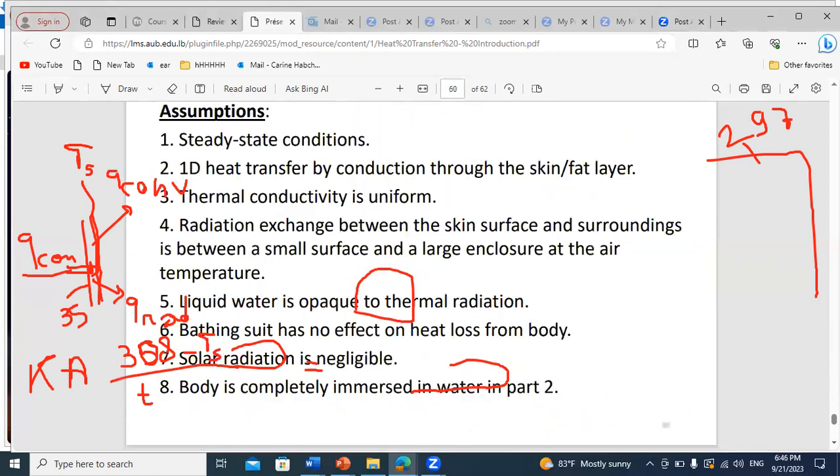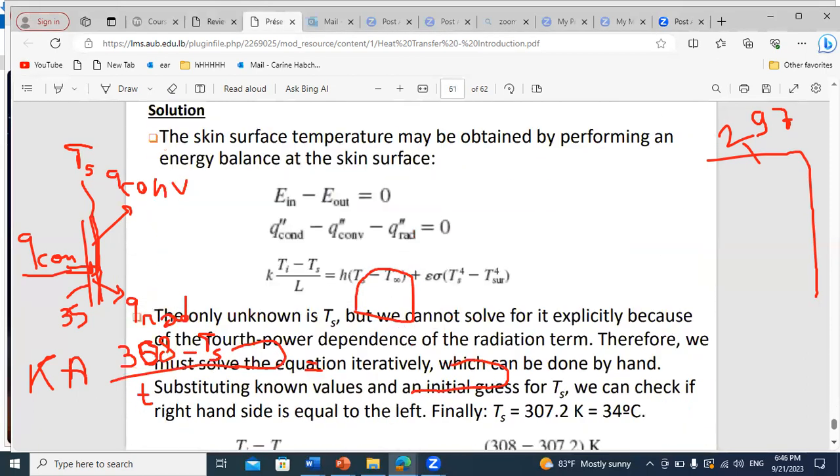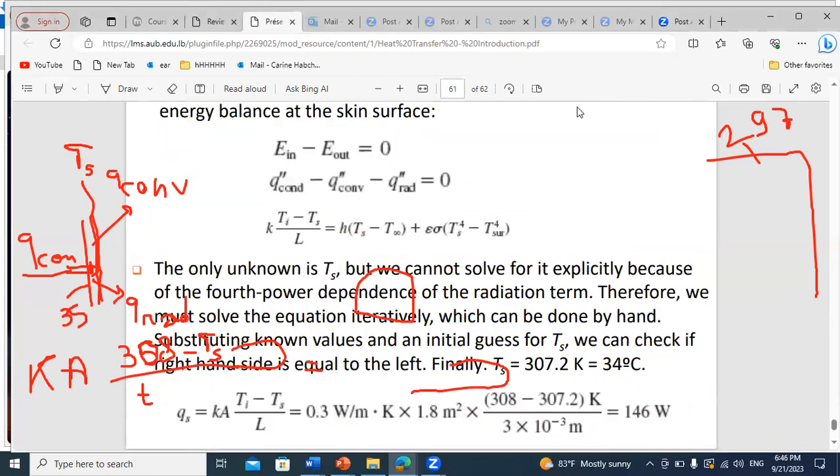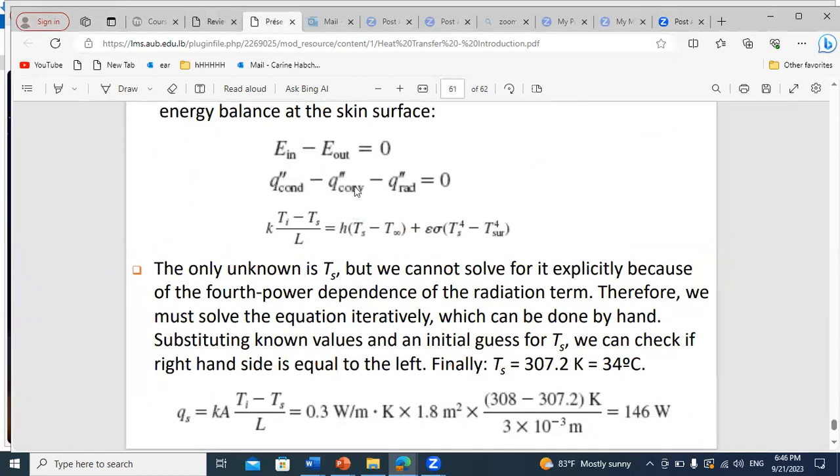So if you write this energy balance, you will get the following: K A delta T over L. Here we can add A, but A will cancel out because we'll have it also in the convective term and in the radiation term. So we can drop it from the equation.